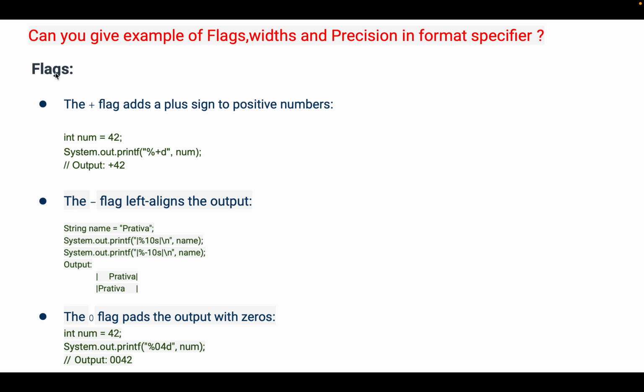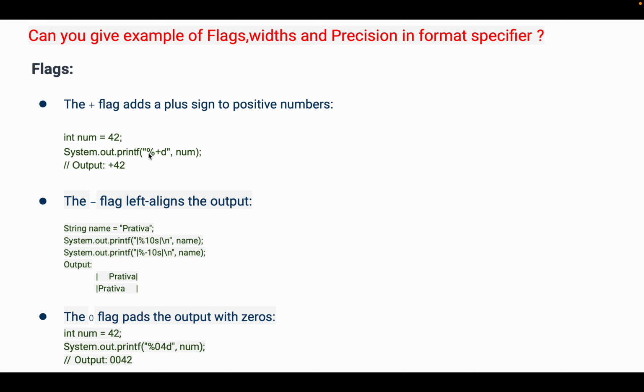So what is a flag here? Whenever we are talking about flags in the format specifier, if we add the plus flag, then it adds a plus sign to the positive numbers. For example, if we have integer num equal to 42, then System.out.printf with the percent symbol and d, that is the format specifier, the conversion type of integer, and we use plus here.